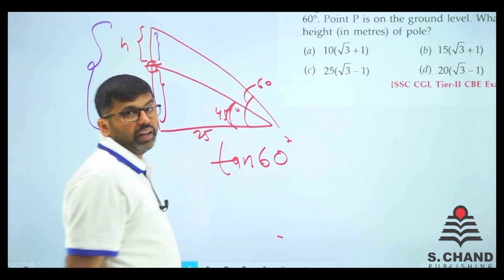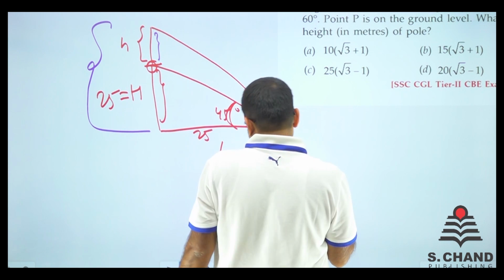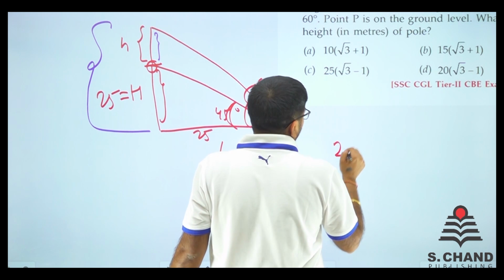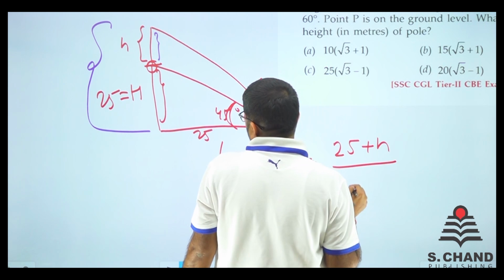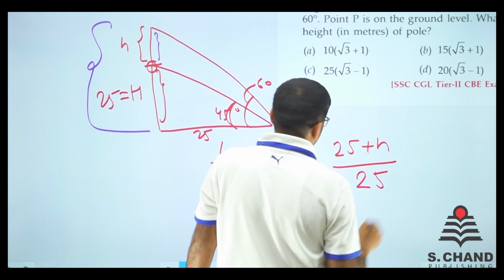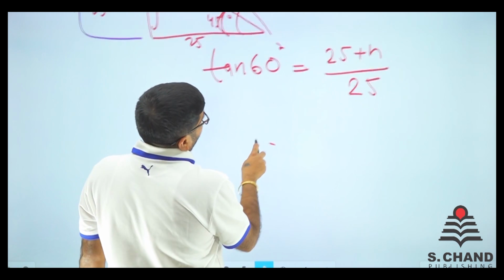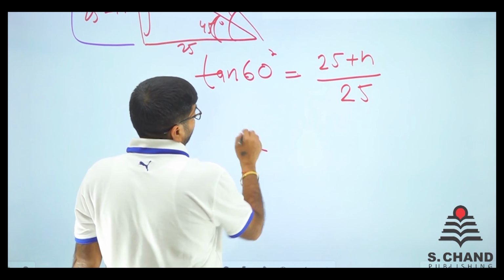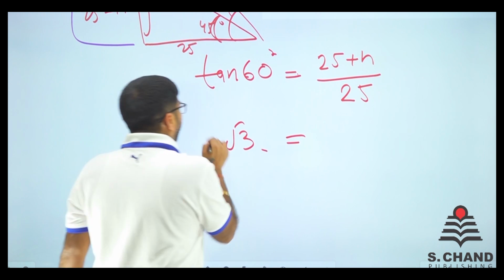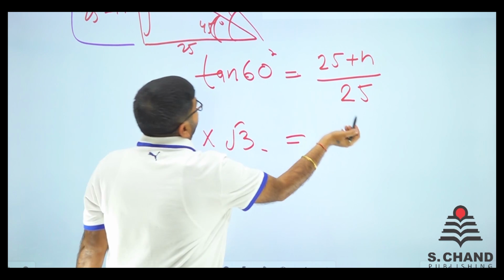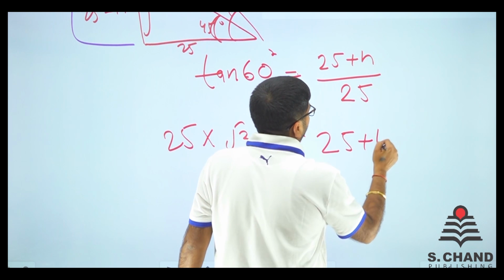Because this angle is 60 degree, perpendicular upon base. So perpendicular is 25 plus h, divided by base, which is 25. And tan 60 degree is root 3. So root 3 into 25 is equal to 25 plus h.